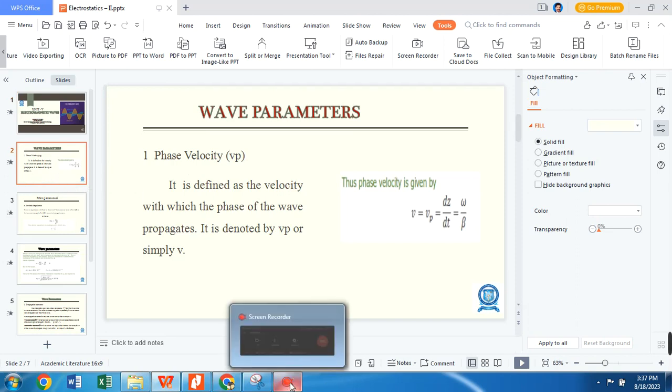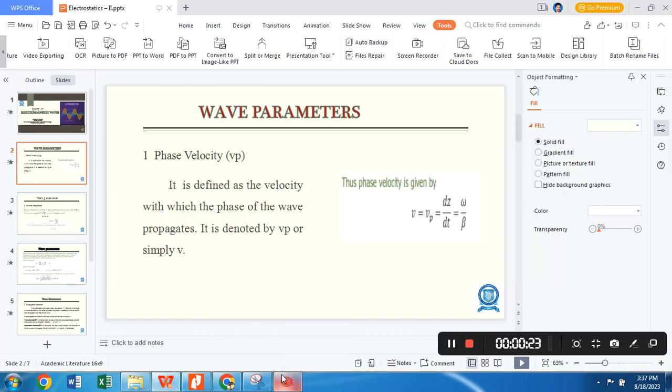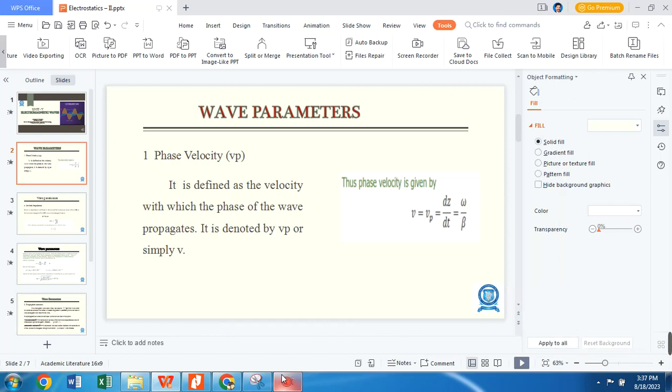Wave parameters. So, in wave parameters, first of all, we have to see the phase velocity, that is Vp. Actually, the phase velocity of a uniform plane wave is given as the velocity with which the phase of the wave propagates.